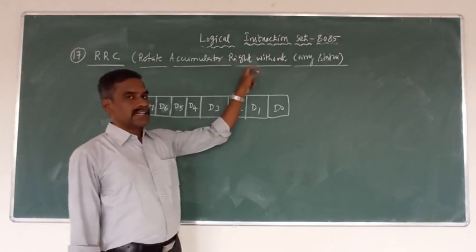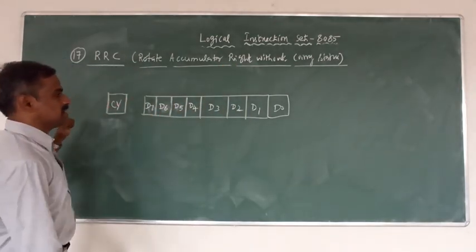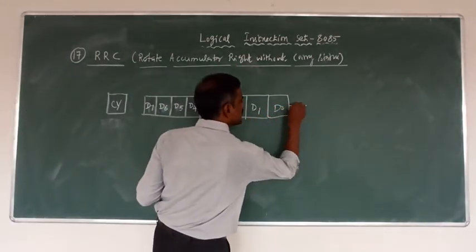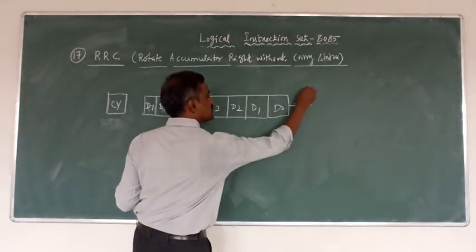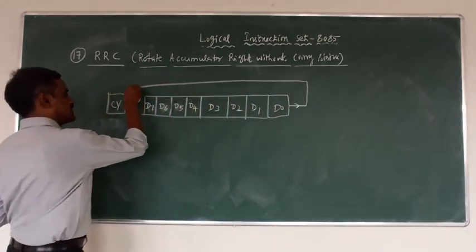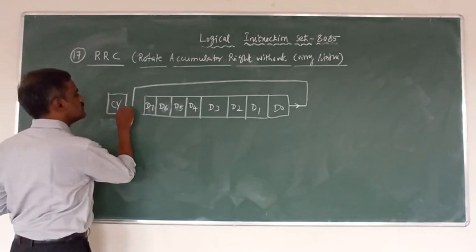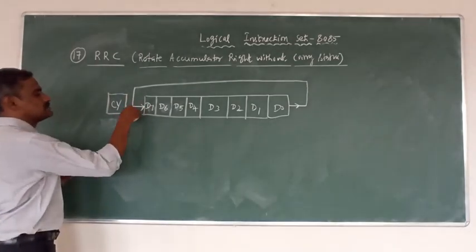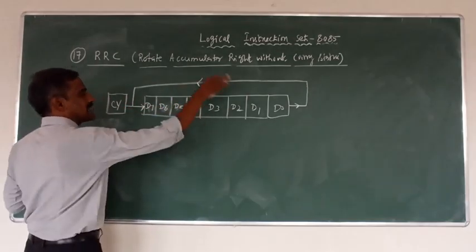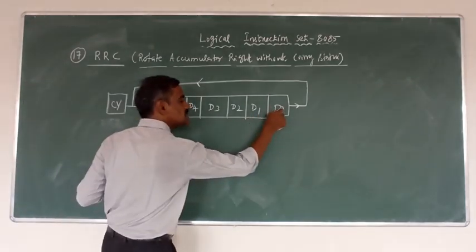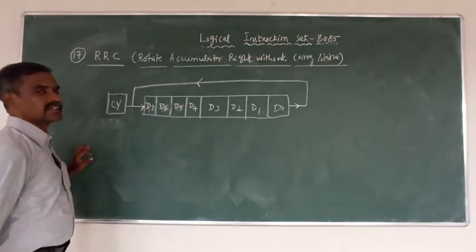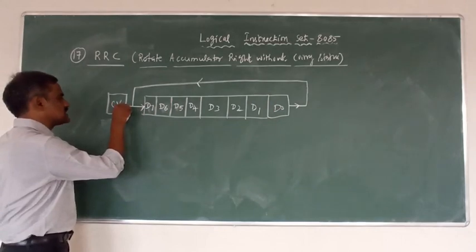Rotate accumulator content right means the D0 data moves to D7 on the right side. The D0 position data moves to D7 as well as CY.